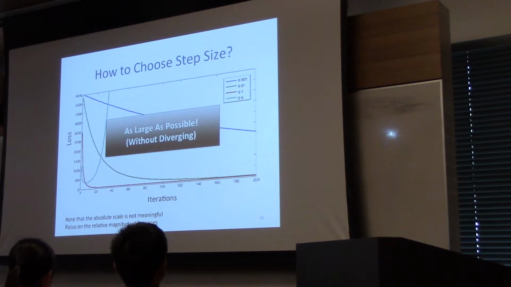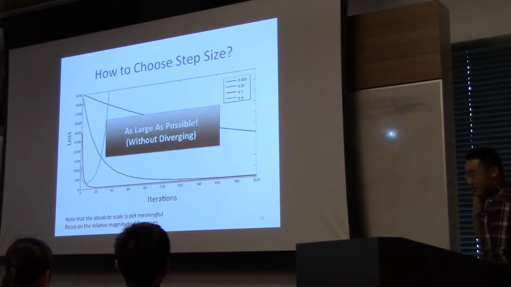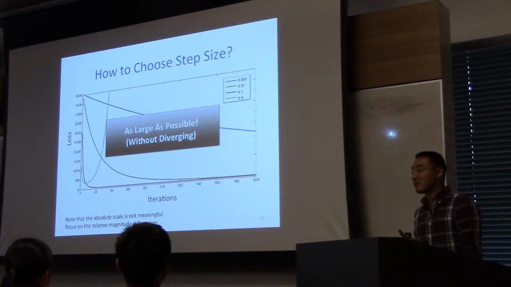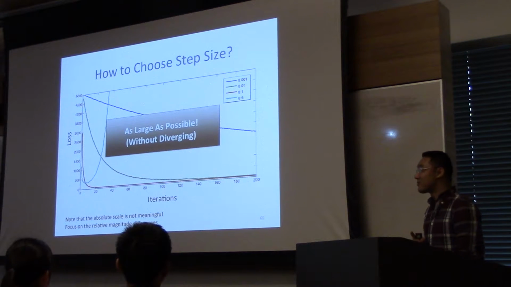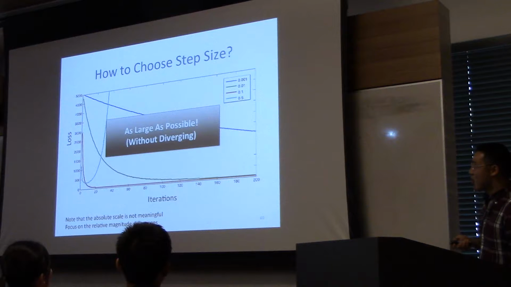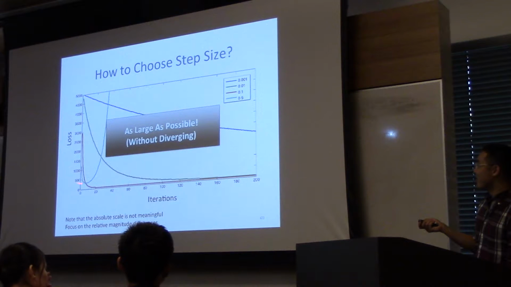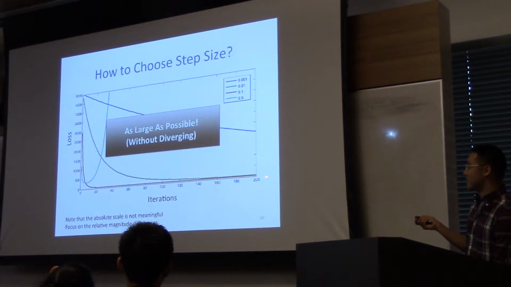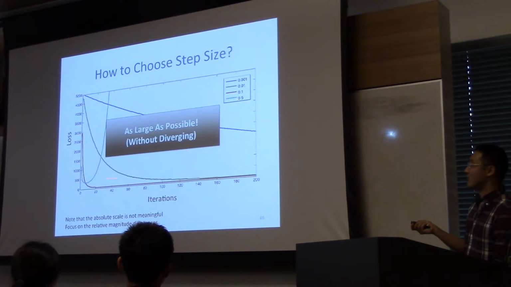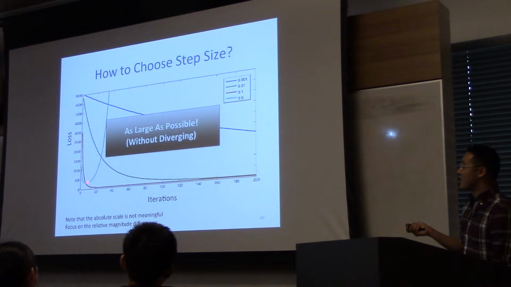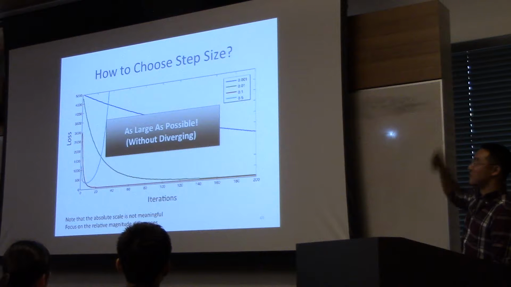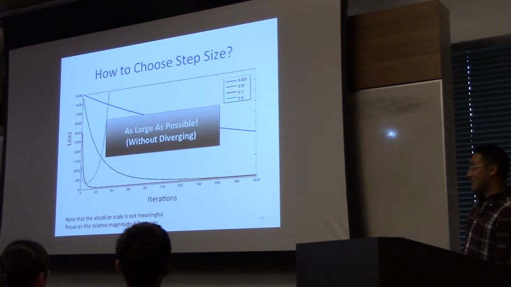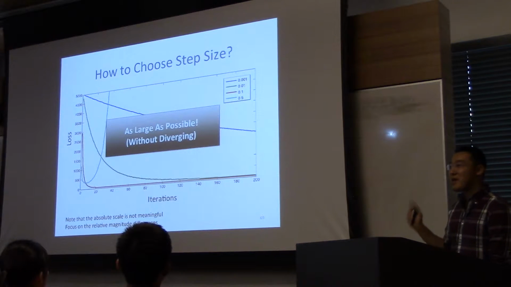Okay, so what is the lesson here? The lesson is that you want your step size to be as large as possible without being too large. There's a sharp phase transition from when you're as large as possible to when you're too large. In one, you're optimizing this loss function super fast, and after a small number of iterations, you've converged to something really close to the optimal solution. In the other one, you go off into oblivion. And it really does look like this for many, many optimization problems.